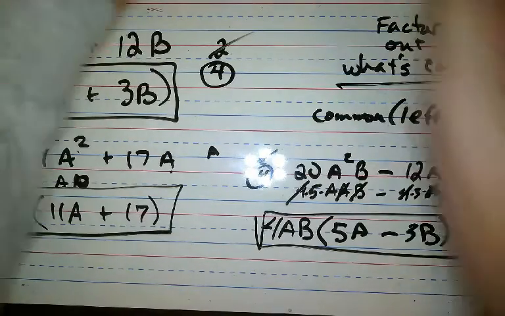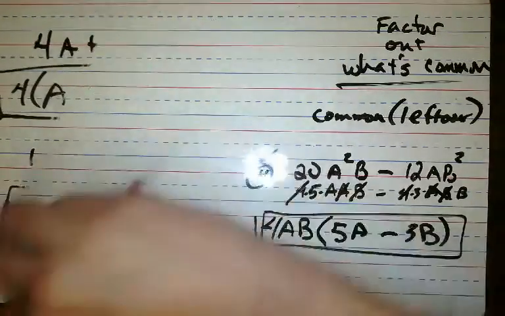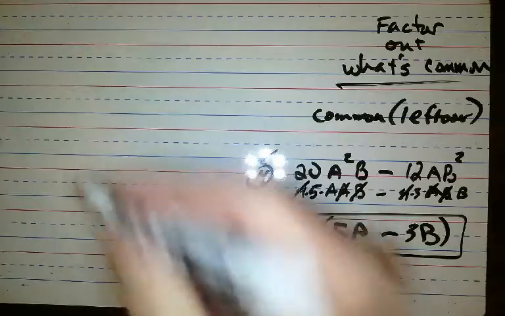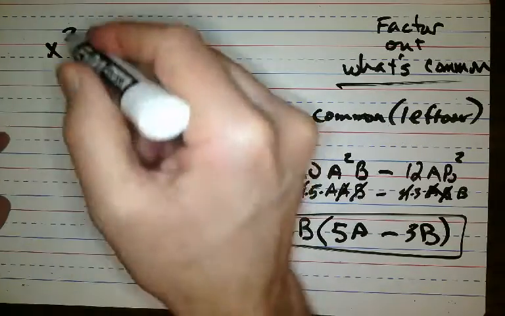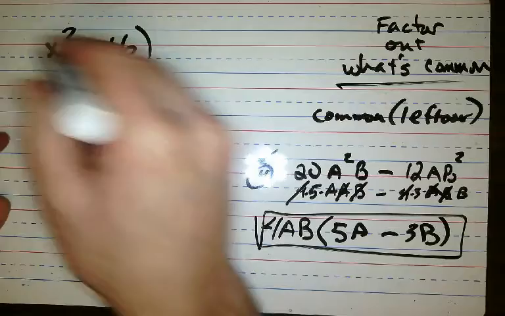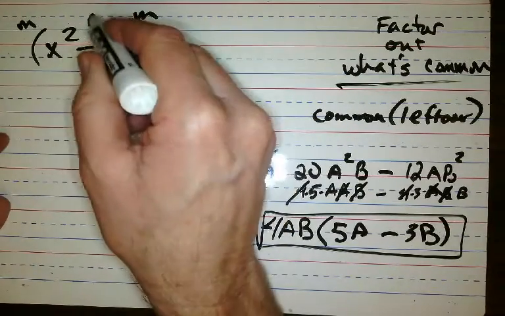Now, on this worksheet, there's questions like this, and then there's questions that are special cases. Now, you've seen them special cases before. You know, if I had x squared minus 16. Remember, these special cases still have to multiply to be the front and add up to be the middle.